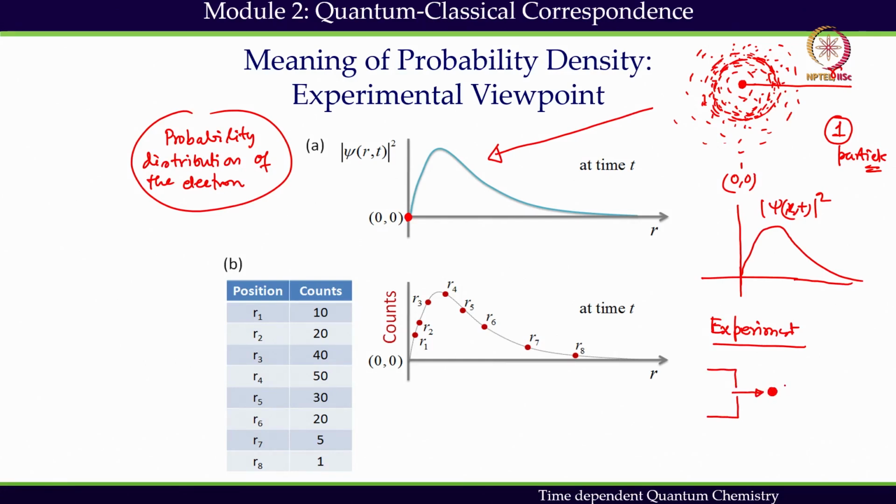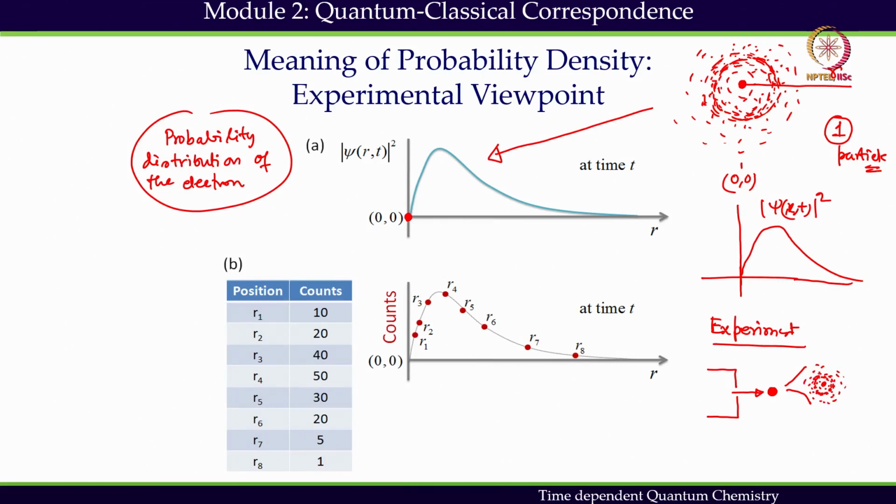If I magnify it, each atom has a nucleus and its electron cloud around it.